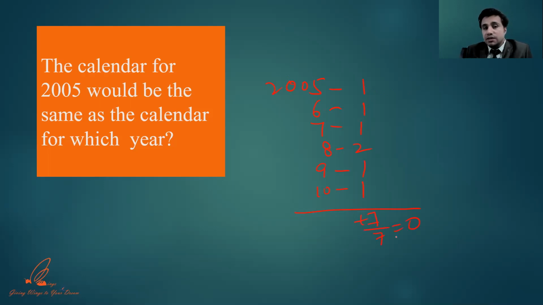And because there are 0 odd days, the next year, 2011, will have the same calendar. Keep in mind, it is 2011, not 2010, because up to 2010 the odd days are counted, which means the whole year has passed. So 2011 is the answer.